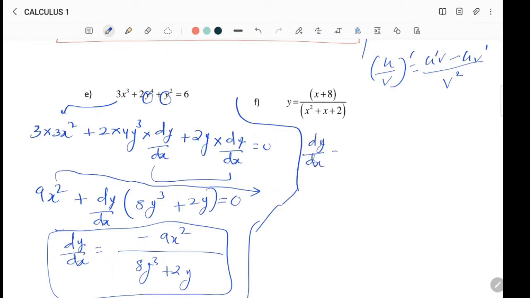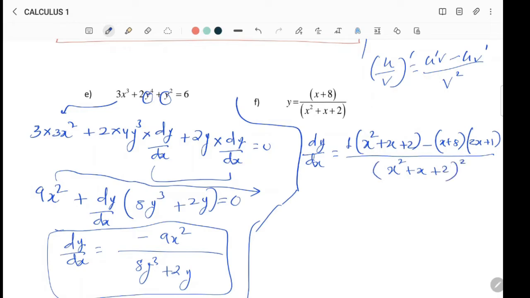So here dy by dx, (x plus 8) differentiation is 1 times (x square plus x plus 2) minus (x plus 8) here, and x square differentiation is 2x and x differentiation is 1, okay, over (x square plus x plus 2) whole square.